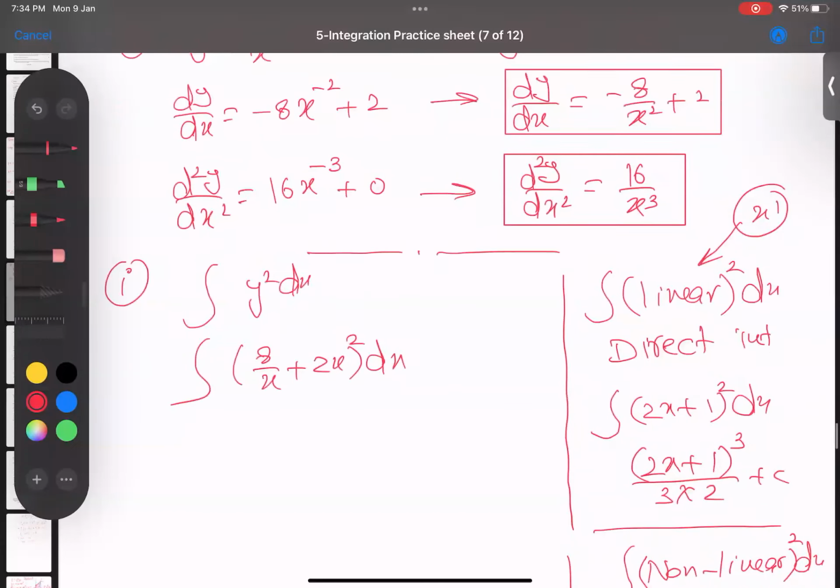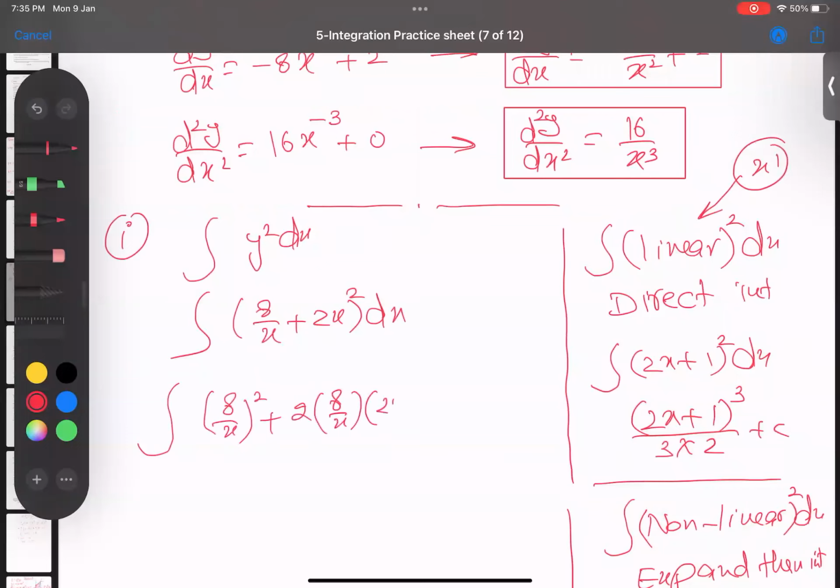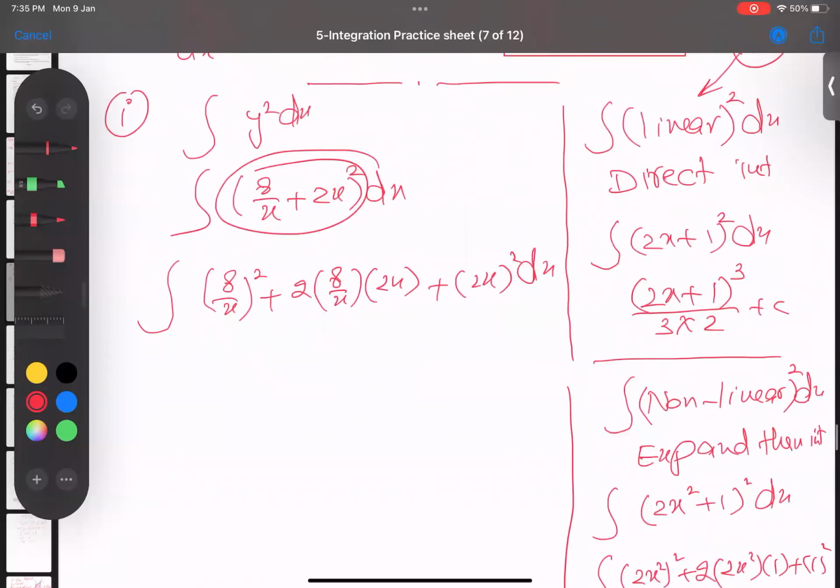Now, can I integrate directly? No way. I can't, because it's non-linear. So first of all, I will expand: first term squared plus 2 into first term into second term plus second term squared. If you don't like the squaring identity, write it as 2 times multiplied, and then integrate.